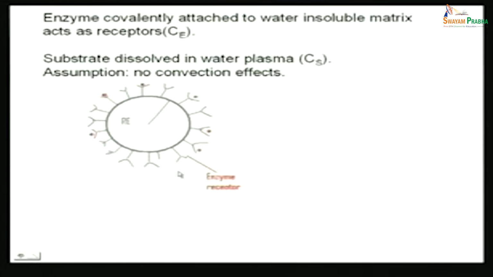So, the problem that we will always face in this chapter is that any kind of analytical solution or analytical quantification that we try to do would be limited by the fact that the intrinsic reaction kinetics that governs the interaction between the enzyme and the substrate is of what type?